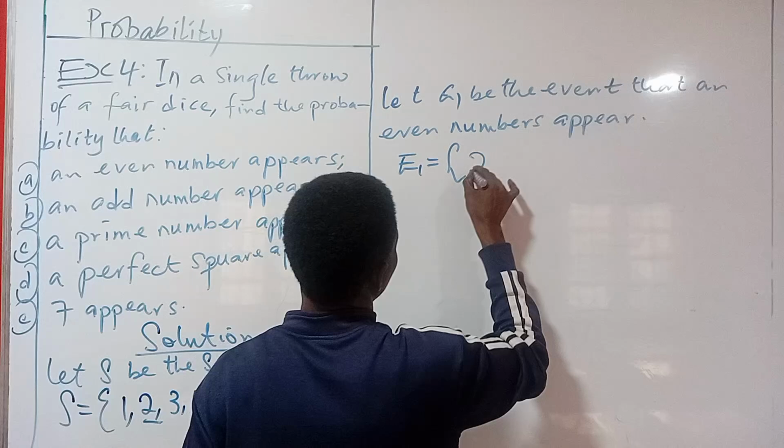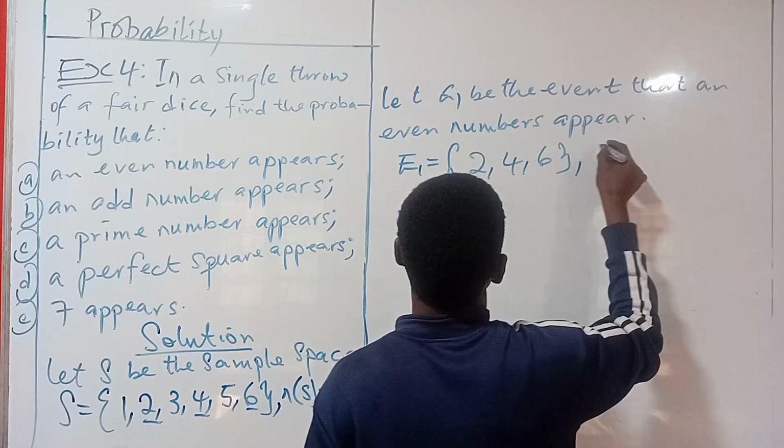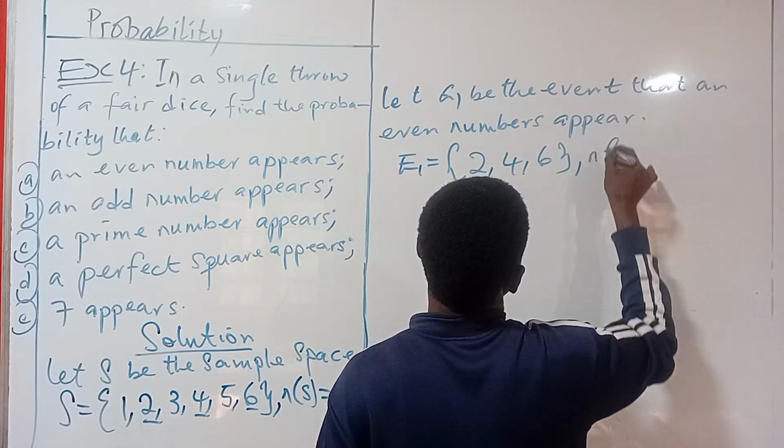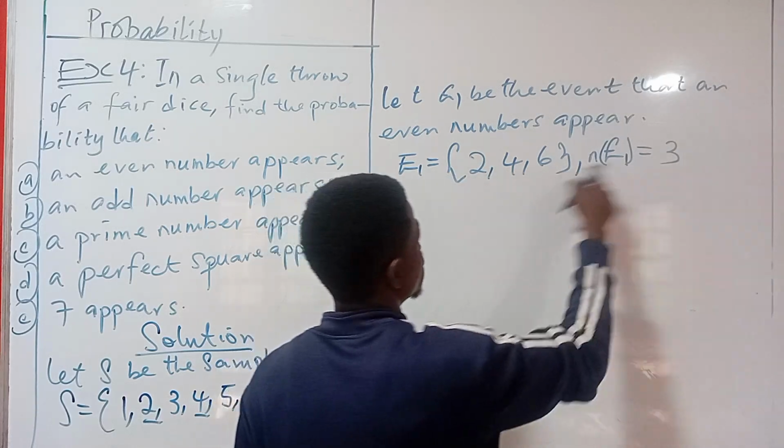All these are the even numbers. Now what is the cardinality of E1? E1 is going to be 3. That is 2, 4, 6 is 3.